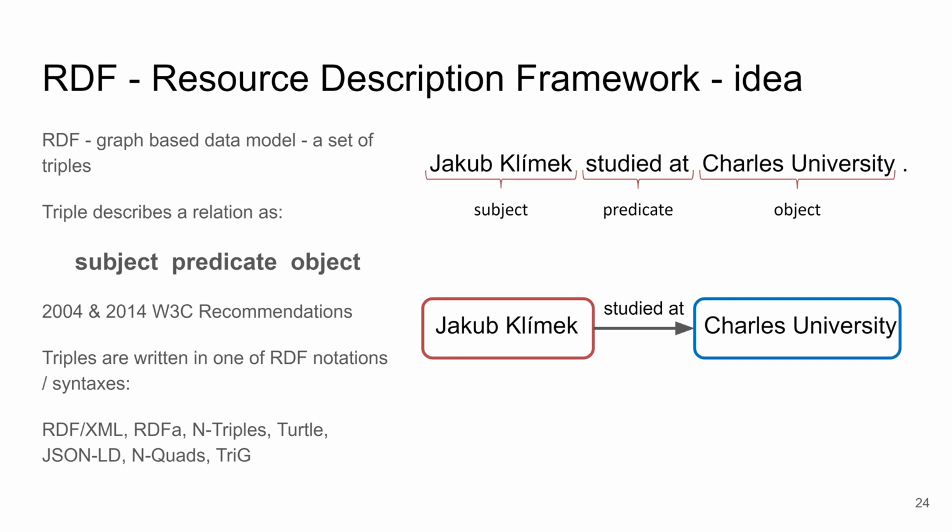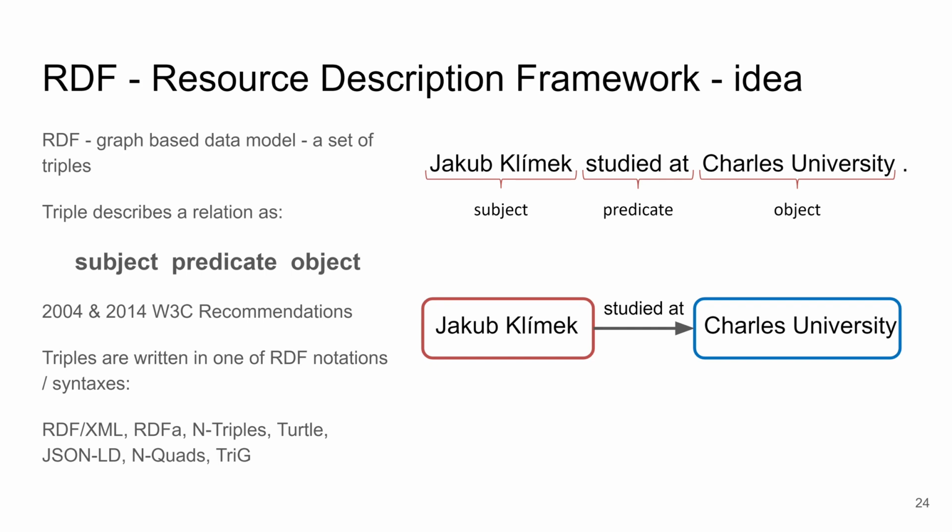And we can also view this simple statement graphically. So we can have a node in a graph. One thing I forgot to mention is that when we have multiple statements, they form a graph data model. So we have nodes represented by subjects and objects, and edges represented by predicates.